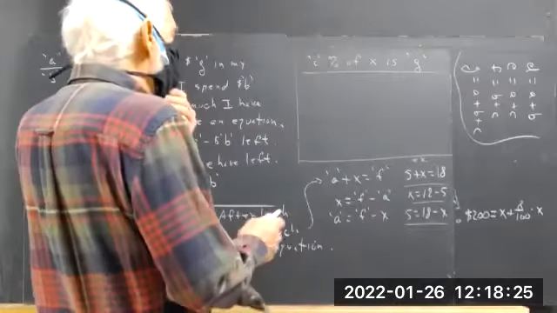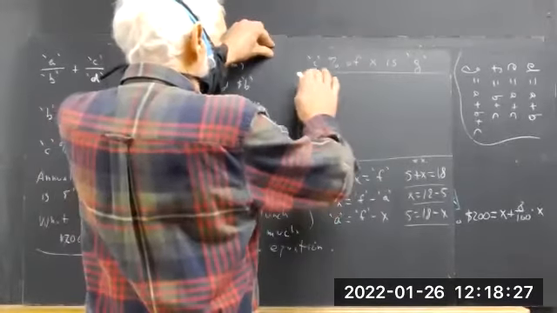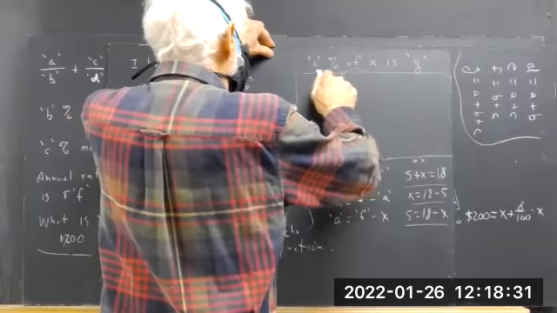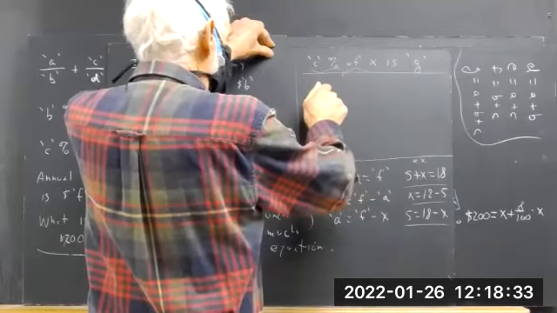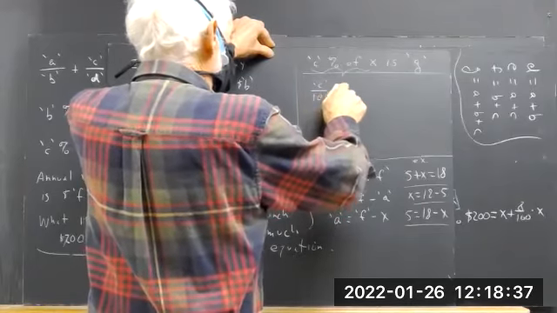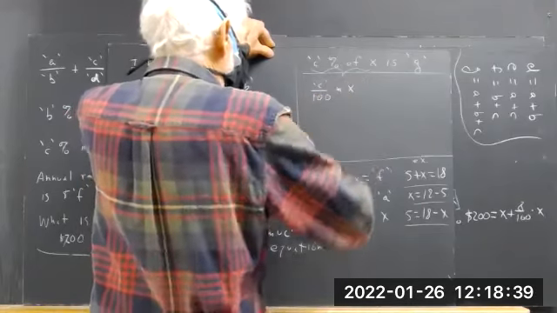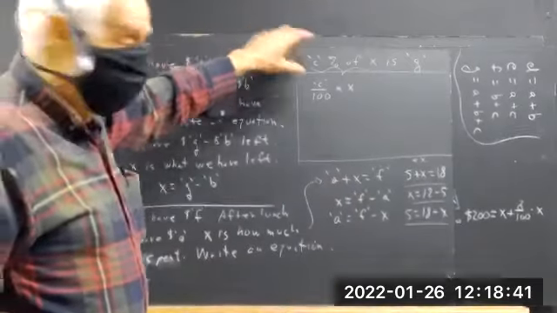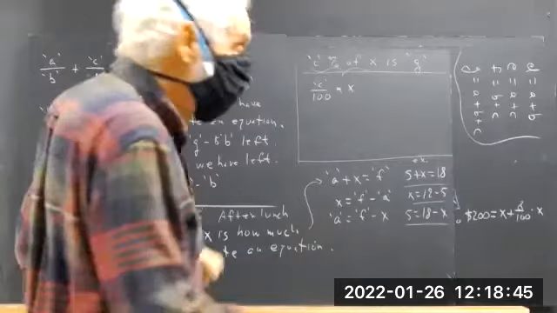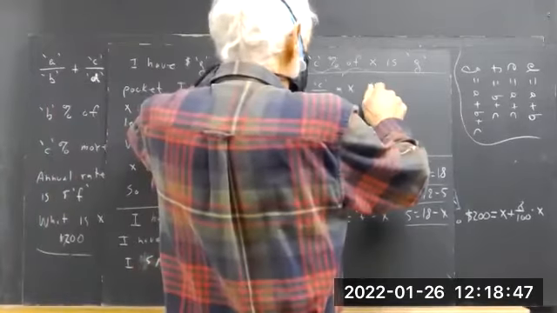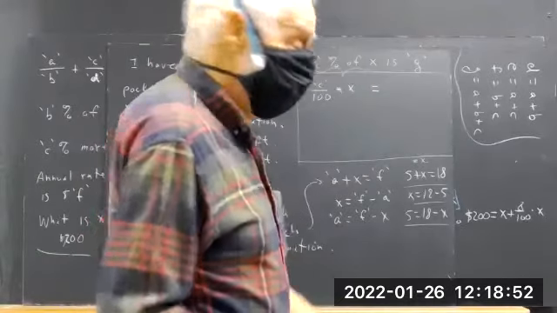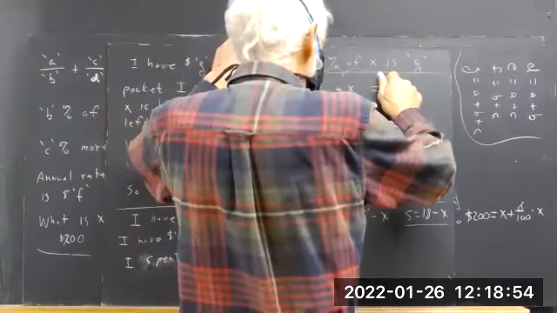Now, C percent of X is C over 100 multiplied by X, right? Because "of" means multiplied by, remember? And "is" means equal.